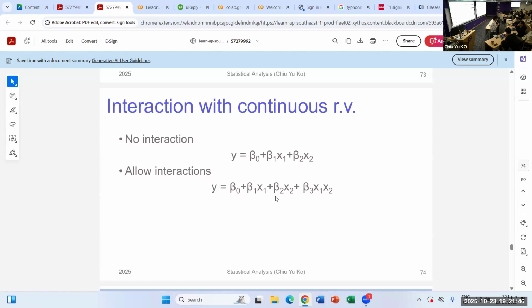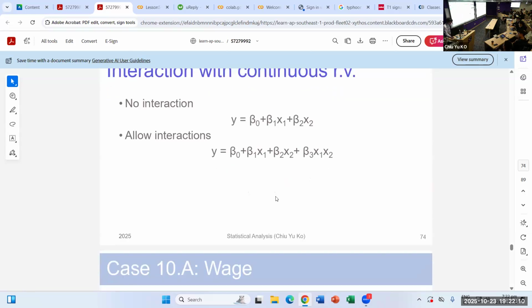This is something from your high school or college math. If you do M2, you know it, because of Taylor's approximation, any differentiable function can be approximated by an nth degree polynomial. And that means that you can always interact with anything, then you can approximate anything.